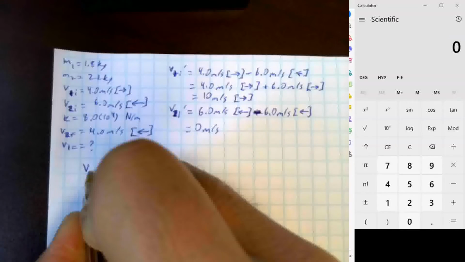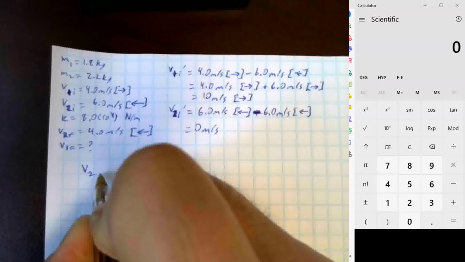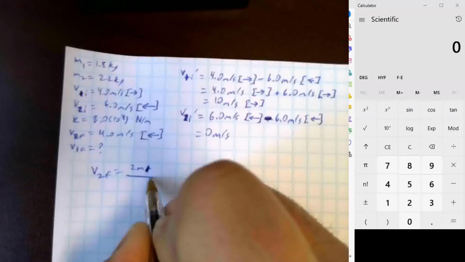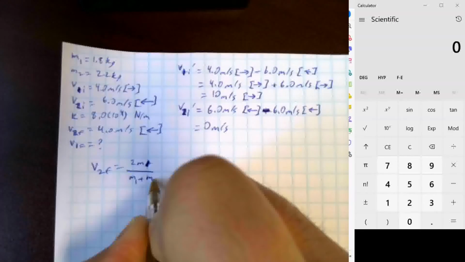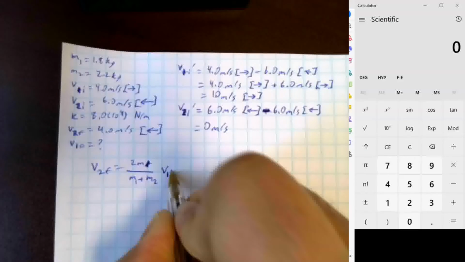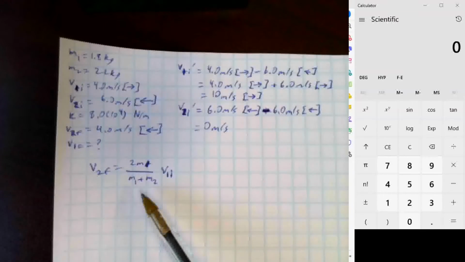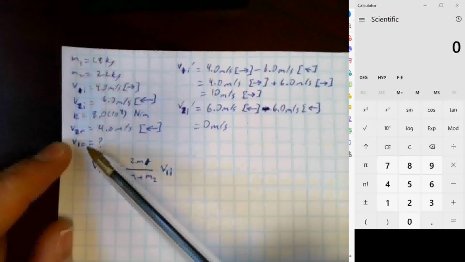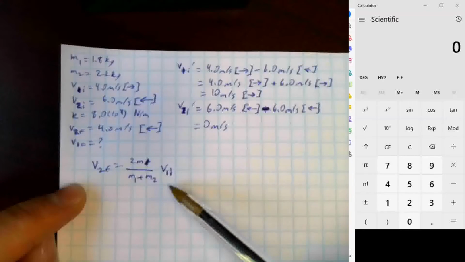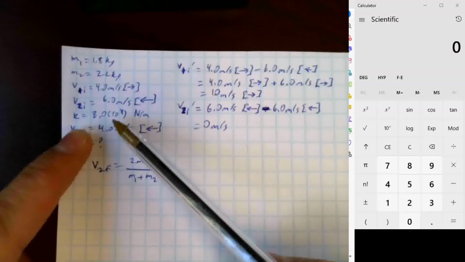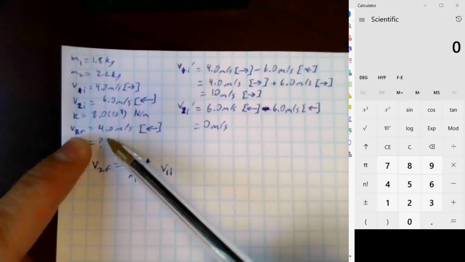So we have V2F equals 2M1, I'm going to change the M's and A's to 1 and the B's to 2, times V1I. This equation here is one of the elastic collision equations. What I'm going to do in this case, this V1F that I'm looking for will be equal to this V1I in this equation if I substitute this intermediary V2F in for this.